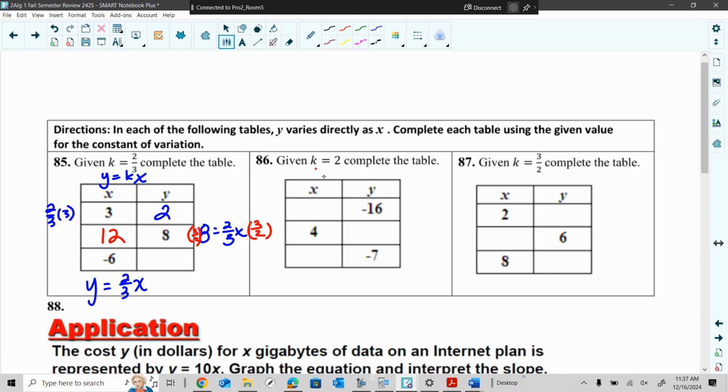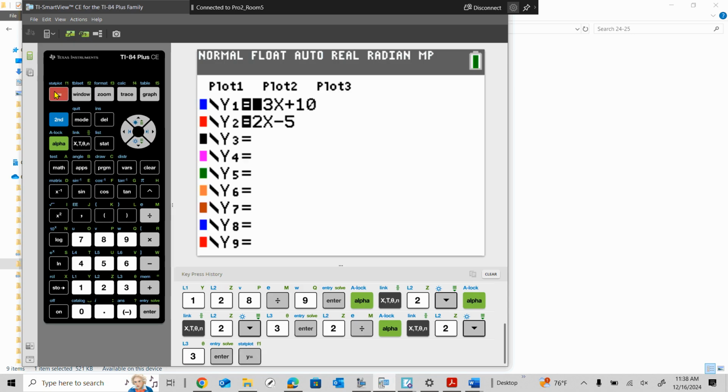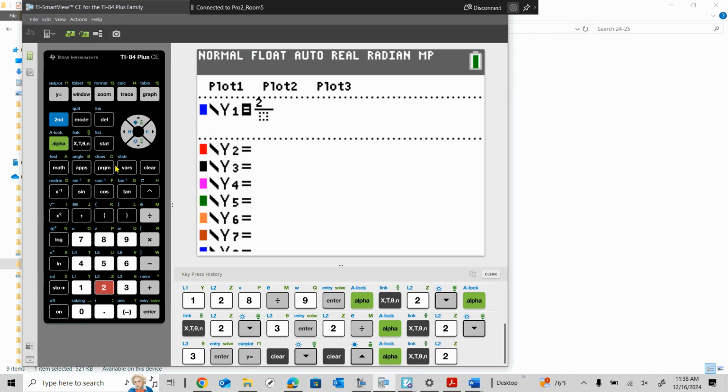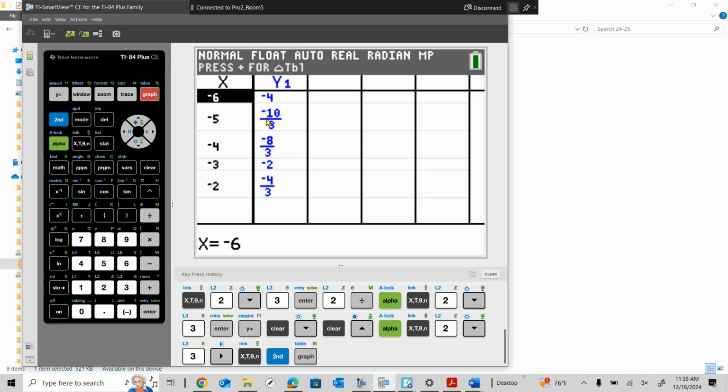Since our equations here have the k, like this is y = kx, on this first one, if I just put that equation in the calculator, go to y equals, clear these out, and do your 2/3 x, and then go second graph to your table. Then you can fill in your missing values.